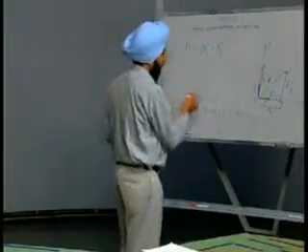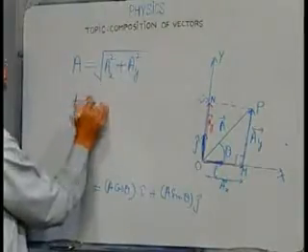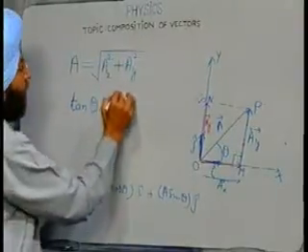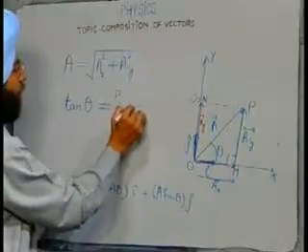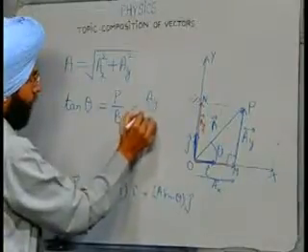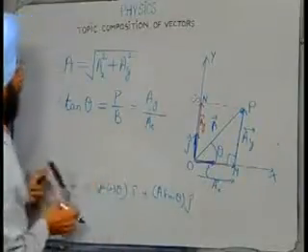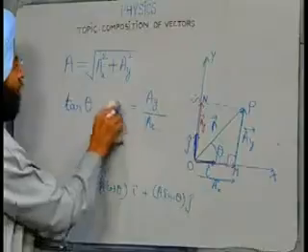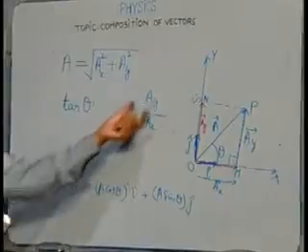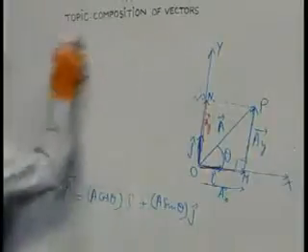Now, what about the angle? We have tan theta is perpendicular over base. Perpendicular here is MP or AY and base is OM or AX. So, if we know the values of Y component and X component, their ratio gives us tan theta. So, we can find from the tables the value of theta.